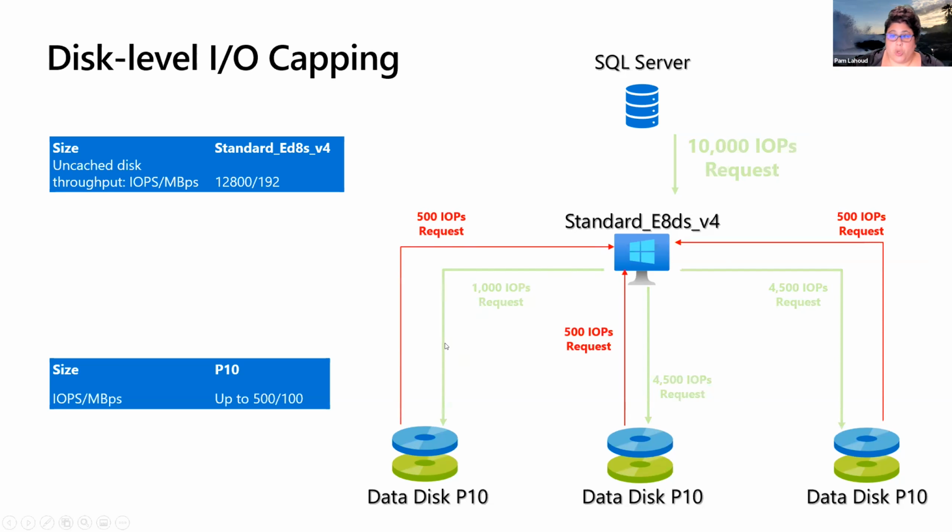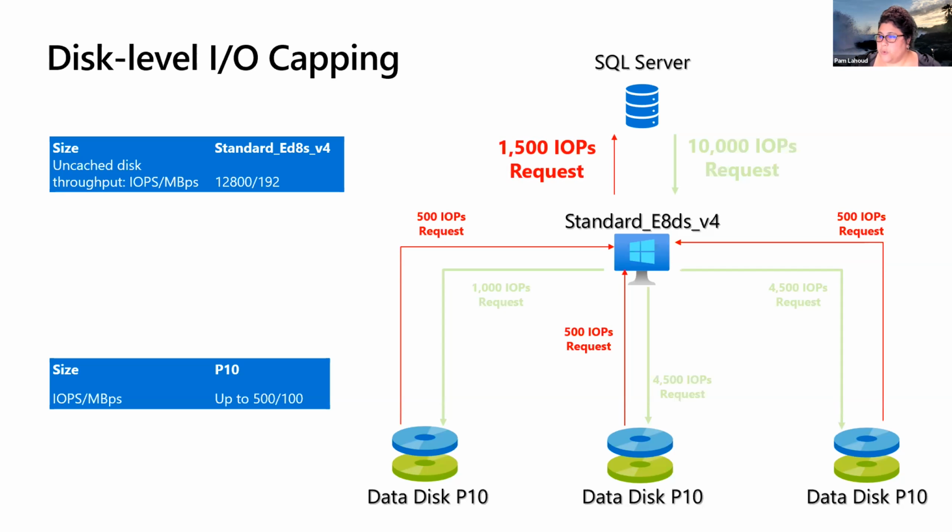So there will be some queuing happening here as these drives try to process all of these IO requests. So you'll only get back 500 IOPS per second, which means that SQL Server is only getting back a tiny fraction of what it needs. And so this is the kind of capping that would probably cause you some major performance issues, right? And this would be capping happening at the disk level. So this is disk level provisioning, disk level capping.